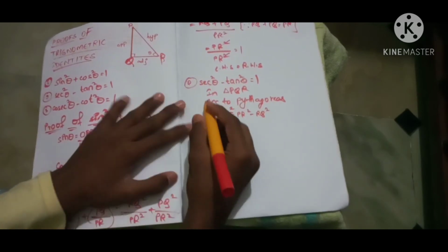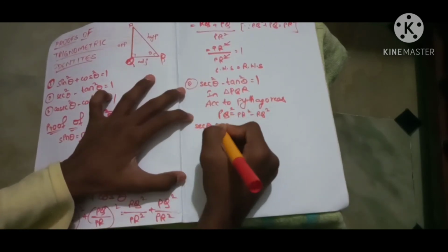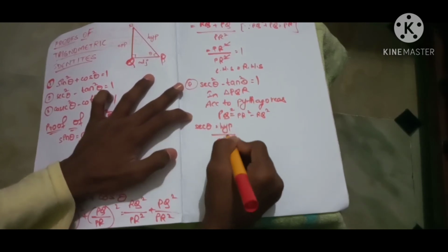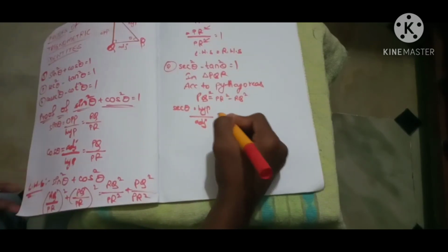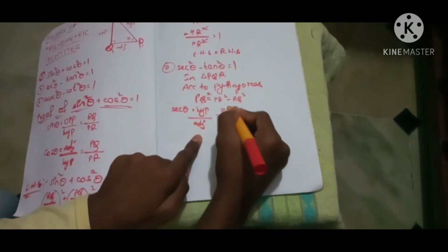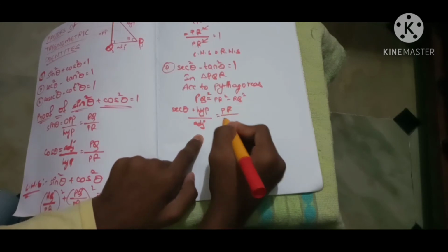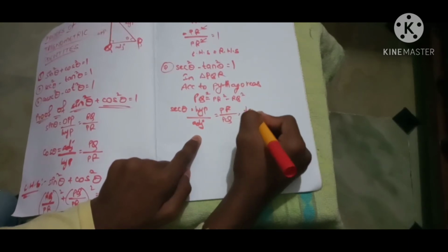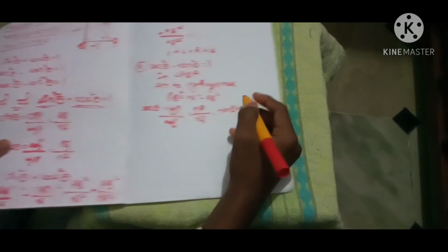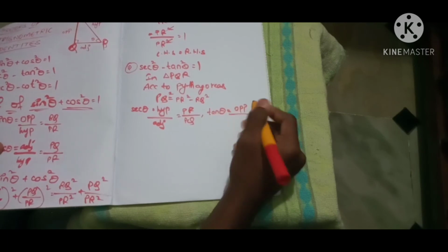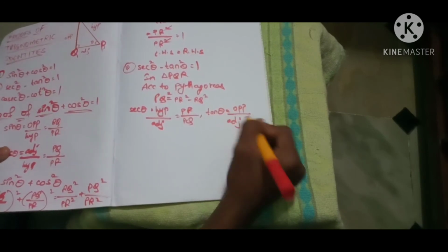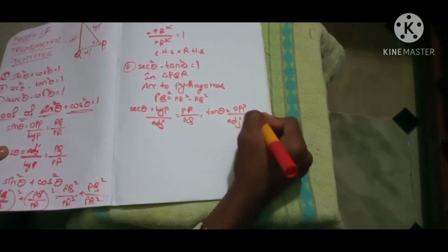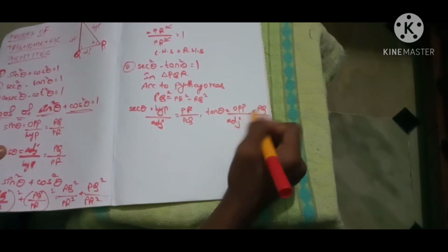Then sec theta is equal to hypotenuse by adjacent. What is the hypotenuse? PR. What is the adjacent? PQ. And tan theta is equal to opposite by adjacent. What is the opposite? RQ. What is the adjacent? PQ.